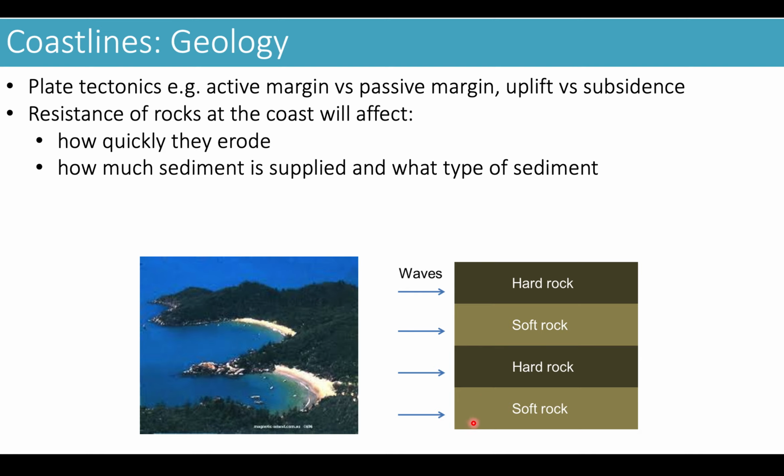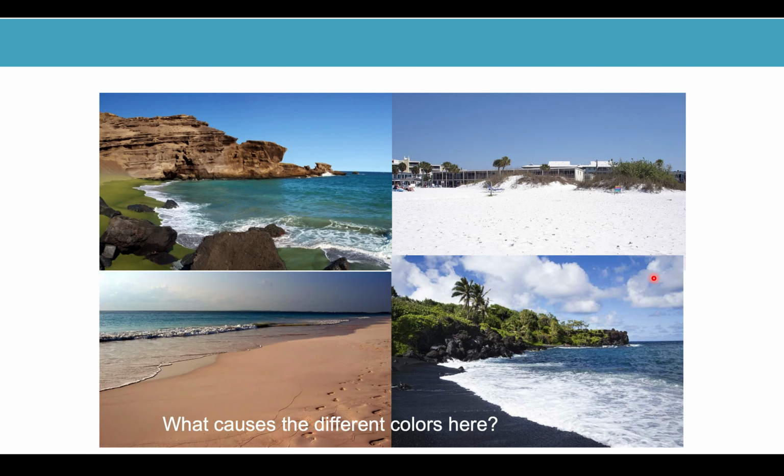So that's where you end up with these coves here. The shape of the coastline really depends on the geology of what's there, and then how the water interacts with that geology.